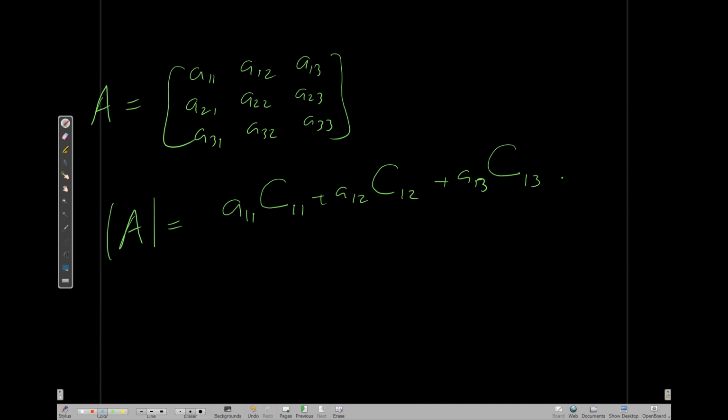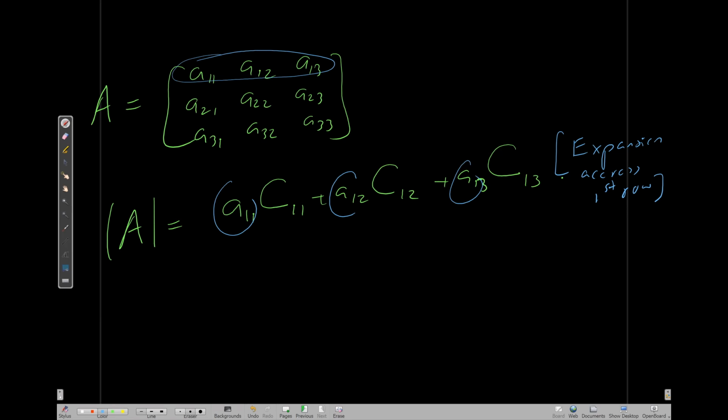Now, this is actually known as expansion across the first row. Do you understand this? In this equation, we are using A11, A12, and A13. So we are going across the first row. We are not going to prove it here, but using examples, we can verify it for ourselves.